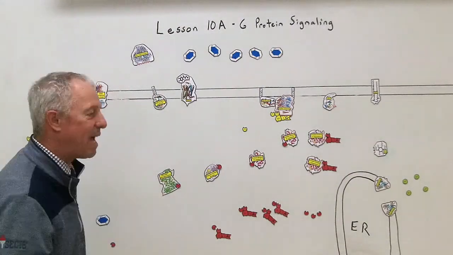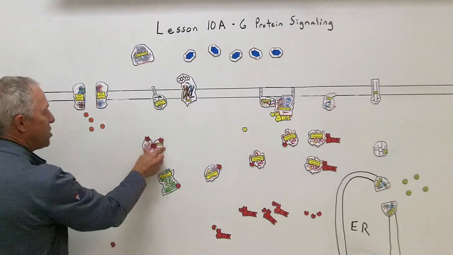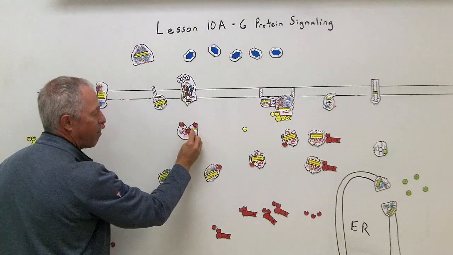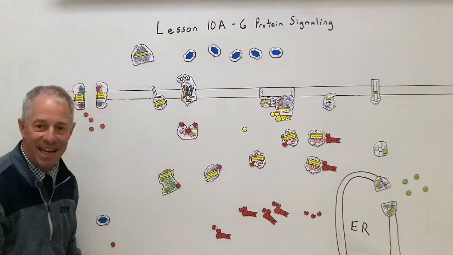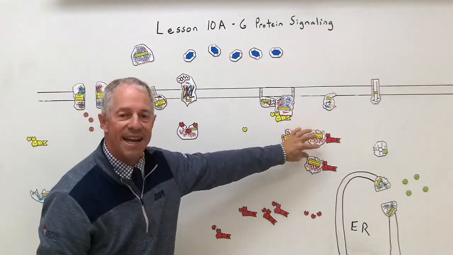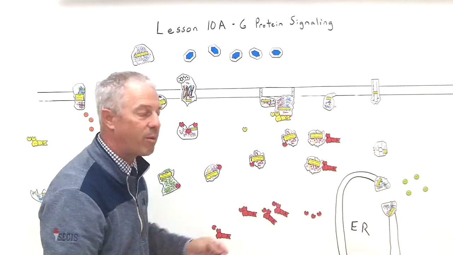Another way we can stop the activity of this signaling pathway is using this protein that is called a G protein coupled receptor kinase. Now, if you remember, like this protein kinase A over here, a kinase phosphorylates other proteins.